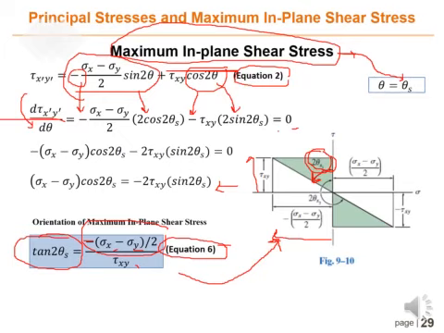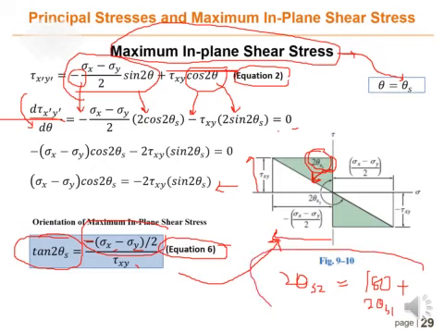How to get 2 theta s2? It must be 180 degrees apart, so it is equal to 180 plus 2 theta s1. So you know how to calculate theta s1 and theta s2.